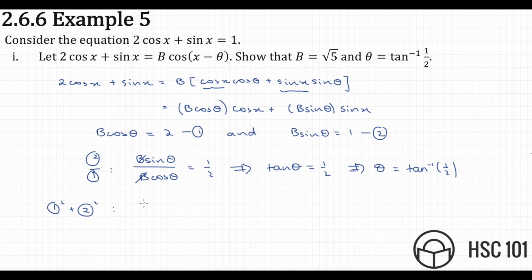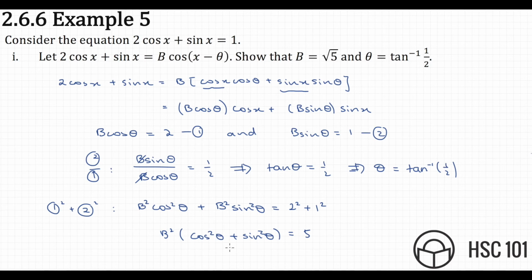On the left of equation 1, that's going to be b squared cos squared theta. On the left of equation 2, that's b squared times sine squared theta. And on the right, I'm looking at 2 squared plus 1 squared. If I take the b squared out on the left, I've got b squared brackets cosine squared theta plus sine squared theta, and on the right, 2 squared plus 1 is just equal to 5.